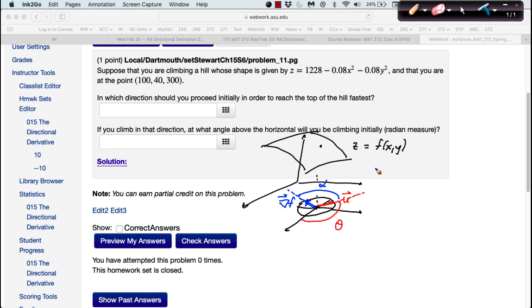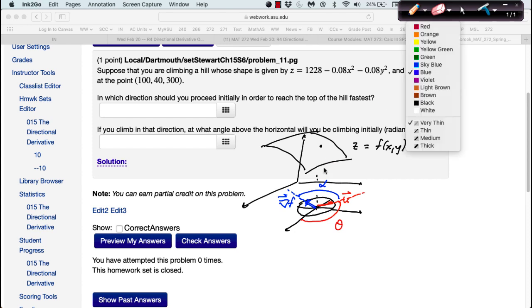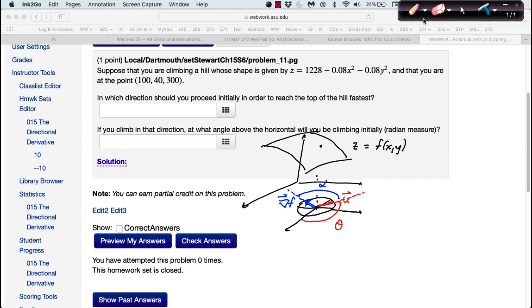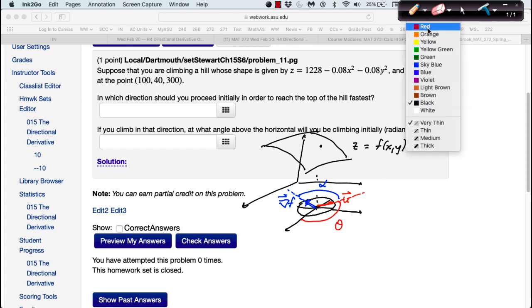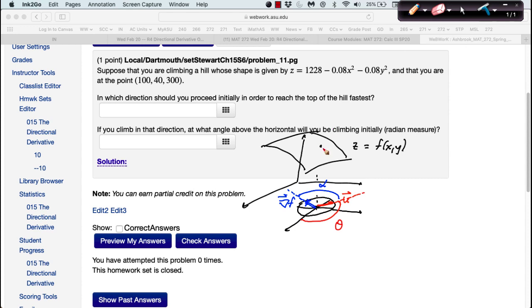Then the third angle is: if you climb in that direction, at what angle above horizontal will you be climbing initially? So once we pick a direction, we calculate the rate of change. So say I'm going to pick this direction u that I've drawn there. So then, here's the direction of u. Okay?